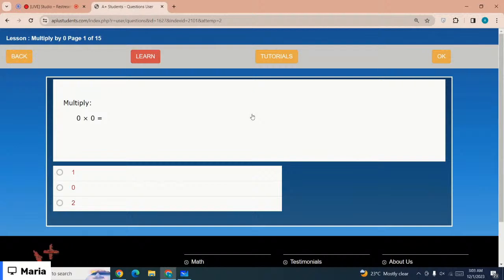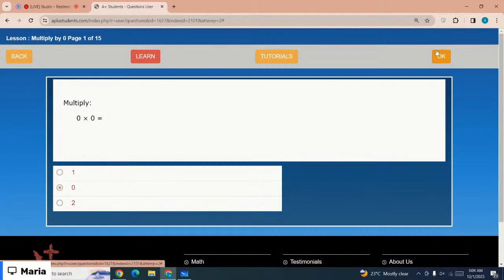Multiply 0 times 0. So 0 times 0 equals, yes, the correct option is 0, right? No matter what the number is, if you multiply the number with a 0, the answer is always a 0.